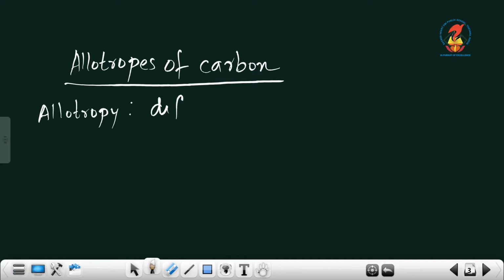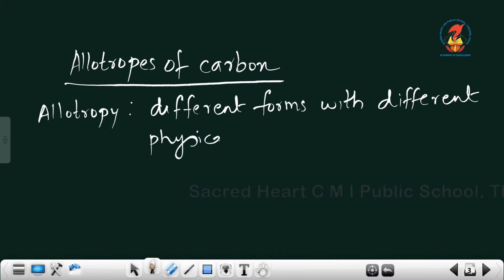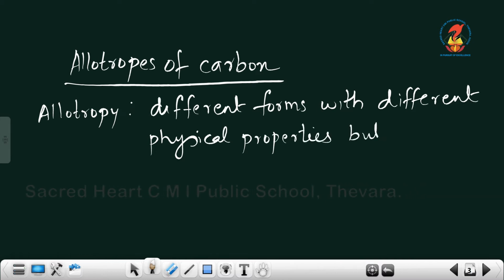Same element existing in different forms, with changes only in the physical properties, but same chemical properties.